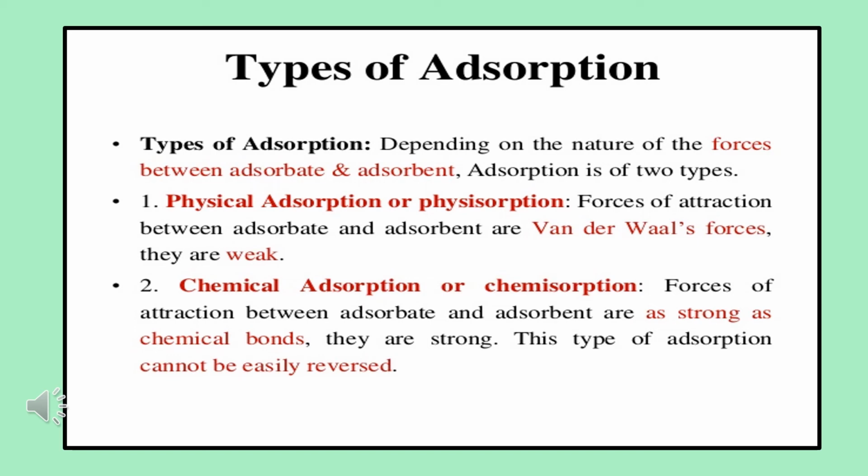If the forces between adsorbate and adsorbent are strong chemical bonds, then that type of adsorption is called chemisorption or chemical adsorption, which is a strong adsorption. These are the 2 types of adsorption processes.